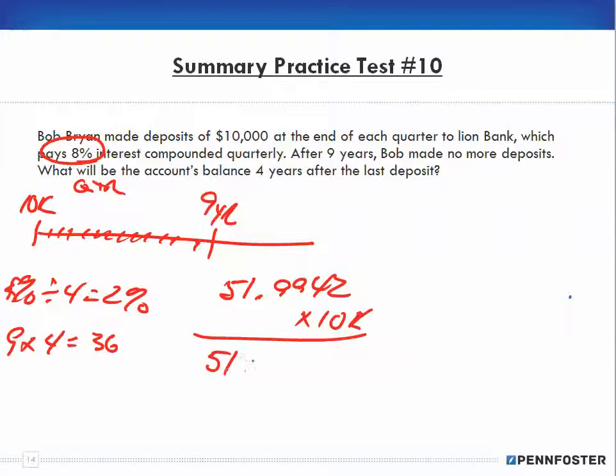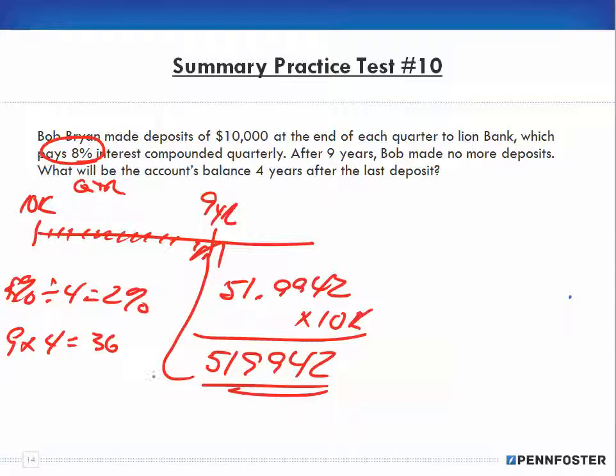So at the end of the 9 years, the future value of that annuity is going to be 519,942, but it's going to sit there for an additional 4 more years. That's an additional 16 periods, still at 2% interest.